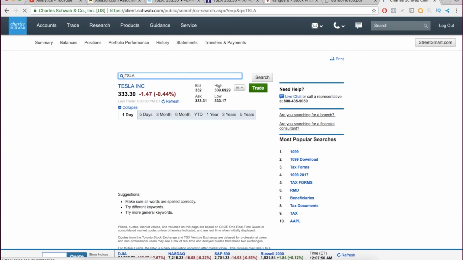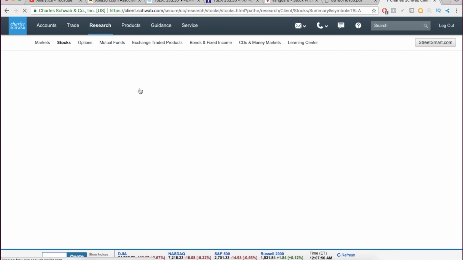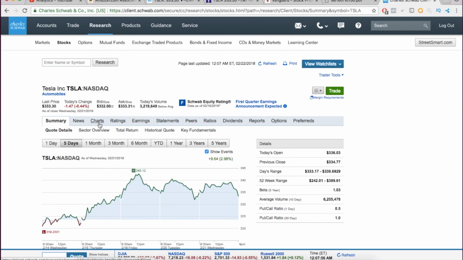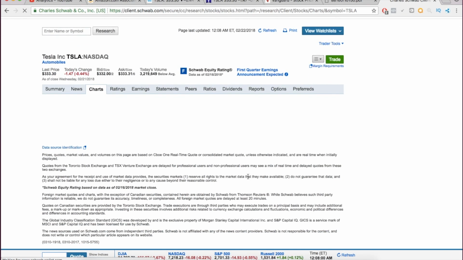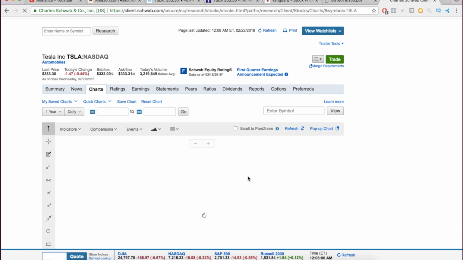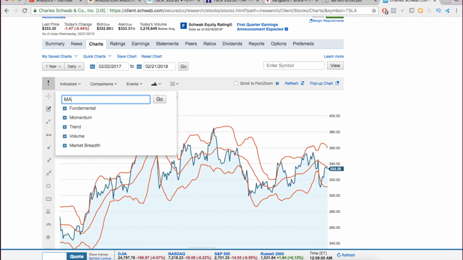So we're going to go in Tesla again, and here we go. You can actually log in. Same thing, you play around with the charts. You come in here, and you have the option of adding indicators, which is something I did the other day while I was playing around with the tools. Did they have MACD?